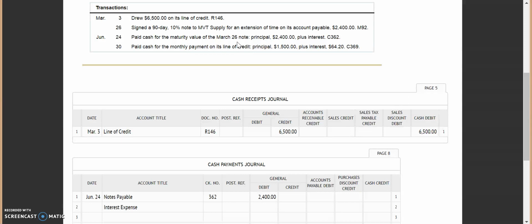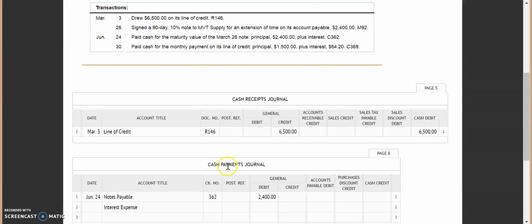So we have to figure out how many days are left in March. Well, March has 31, so if you take 31 minus 26, you get 5. So we've got 5 days in March. Then we have April, which has 30 days. May has 31. And then we pay it on June 24th, so that's 24. If you add all of those up, we end up with 90.